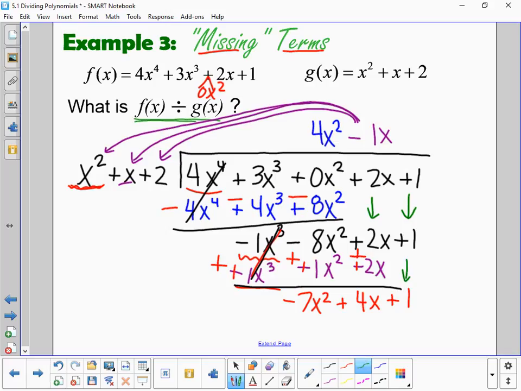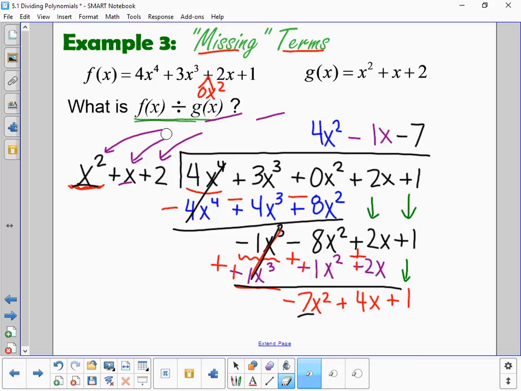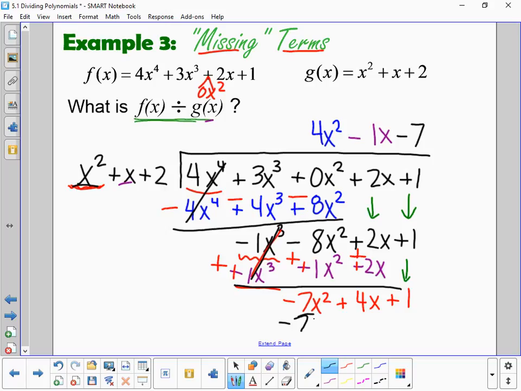And we keep going. We repeat the process. We're looking at that first term, a negative 7x squared and a positive x squared. So we would want to multiply by negative 7 this time. If we multiply that negative 7 to each and every one of those parts of our divisor, you'll have, let's see, we'll write it in black, negative 7x squared.